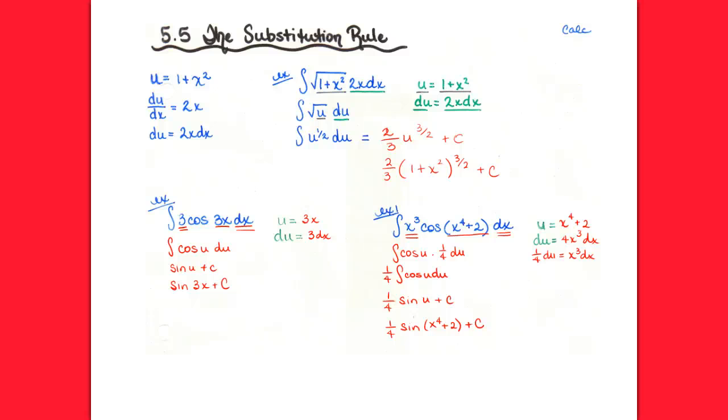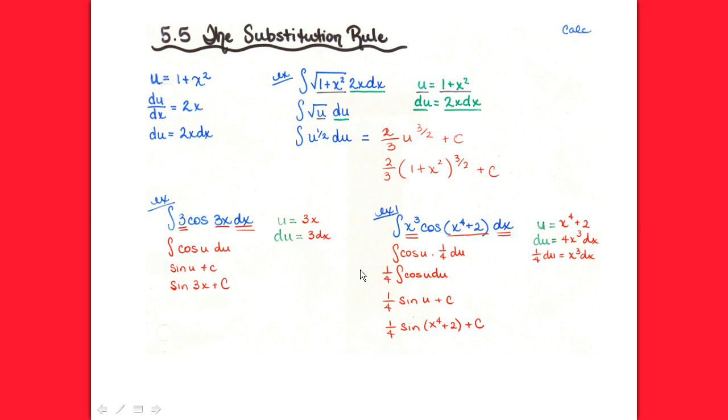All right, on the bottom of 357, it says, the idea behind the substitution rule is to replace a relatively complicated integral, yeah, that's definitely relatively complicated, with a much simpler integral. This was so much easier than what I started with.